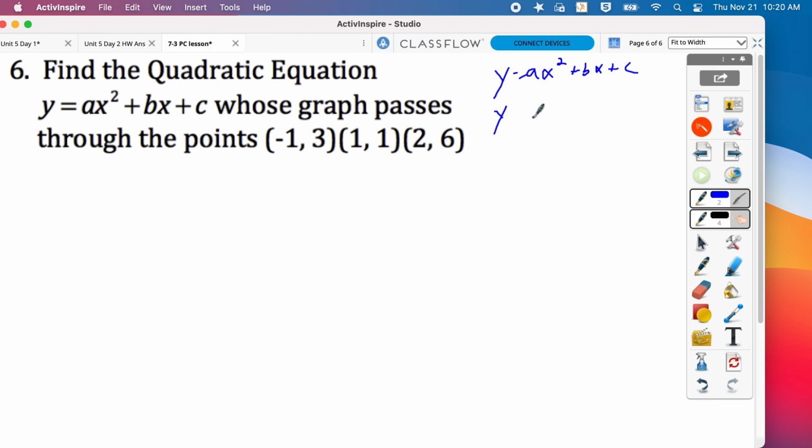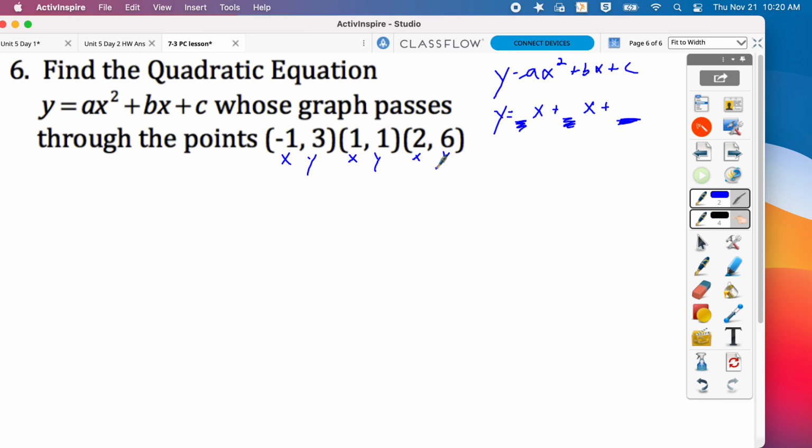So we're trying to find an a value, a b value, and a c value, given these 3 points. All right, so looking at this, my thought is y equals ax squared plus bx plus c. I need to find a and b and c, and I'm given a whole bunch, or 3, x and y values.